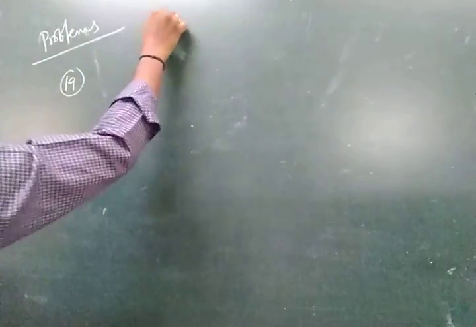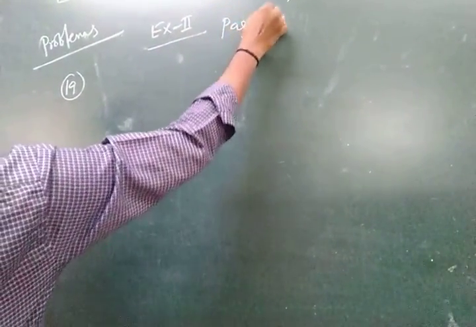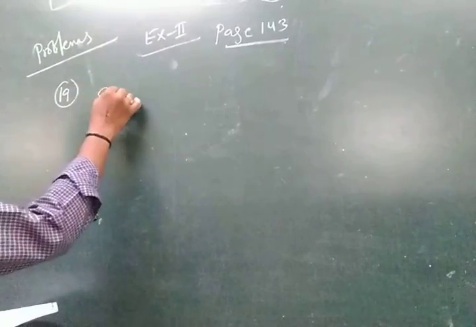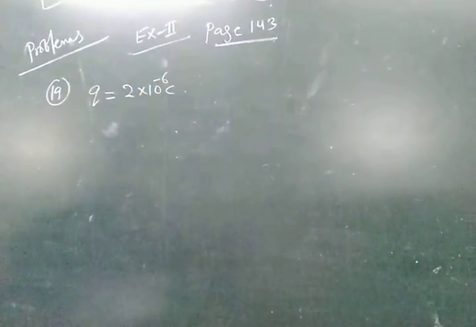Next, problem number 19 in exercise 2, page 143. For a dipole, charge Q is equal to 2 into 10 power of minus 6 coulomb.